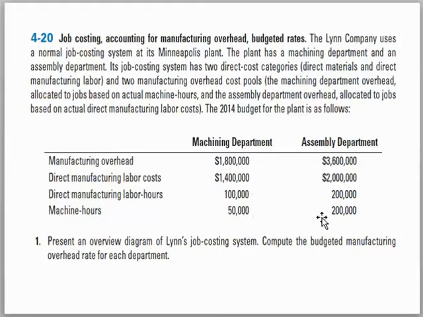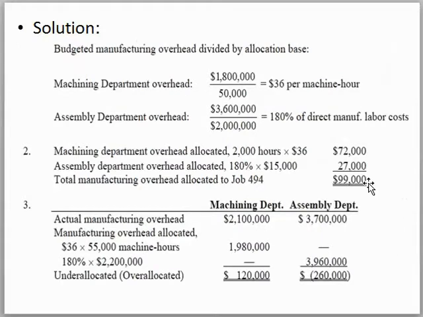And also in the assembly department, the overhead 3,600,000, we will divide it by the base, which is the direct manufacturing labor cost, 2 million. So the solution: budgeted manufacturing overhead divided by allocation basis.